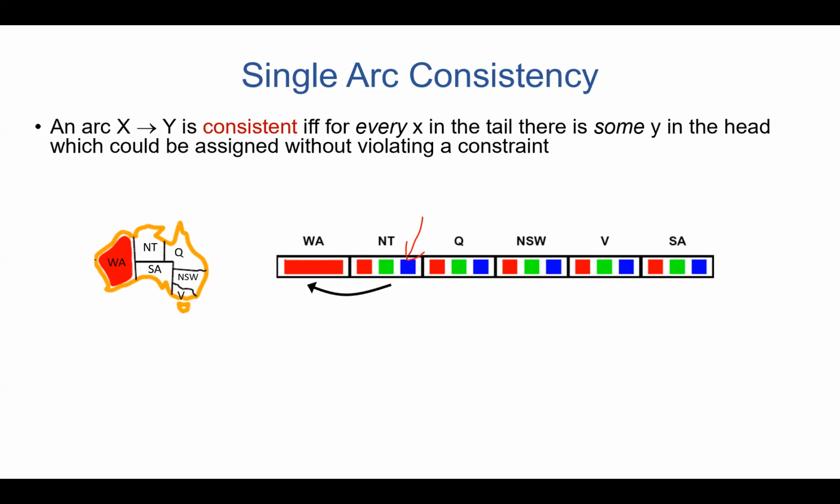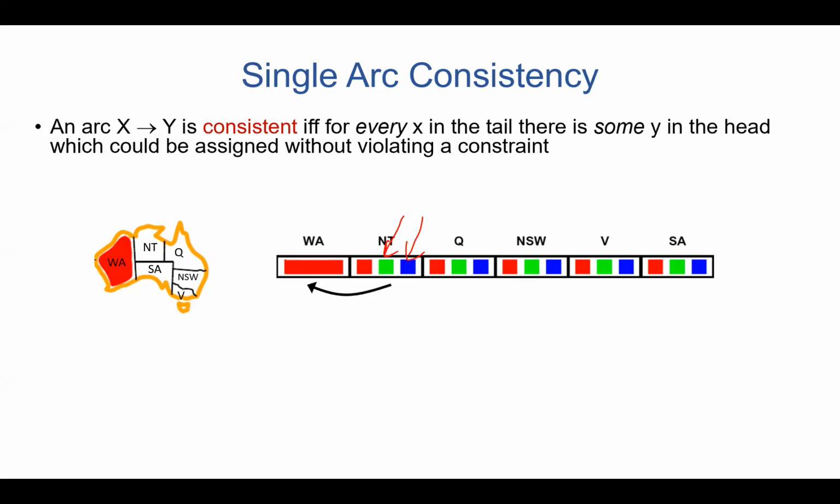Because Western Australia can still have red. If we have assigned red in Western Australia, can we still assign green to Northern Territory? Yes, right? We still haven't violated any constraint. If we assign red to Western Australia, can we assign red to Northern Territory?